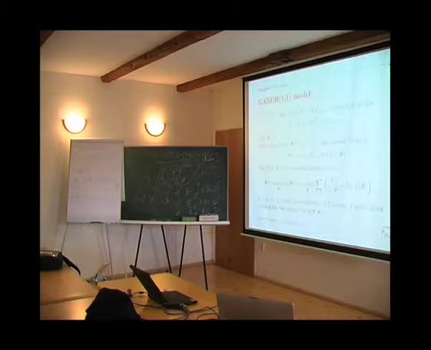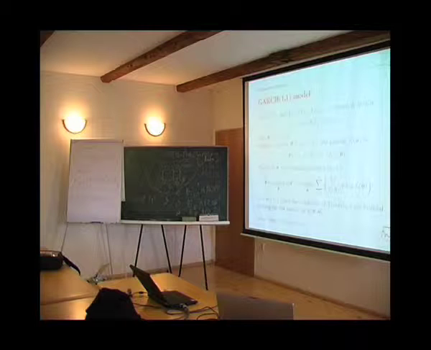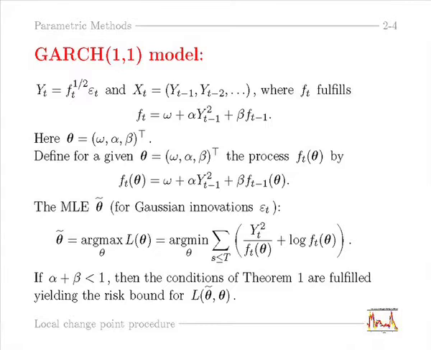If you fix omega, alpha, beta, then you can define the volatility process, and it should be plugged into the likelihood. Then you optimize this expression with respect to theta. There is no explicit solution. It should be done numerically and with care. Actually, it's not a big issue to find the estimate, but even in the parametric situation, it's not so easy.